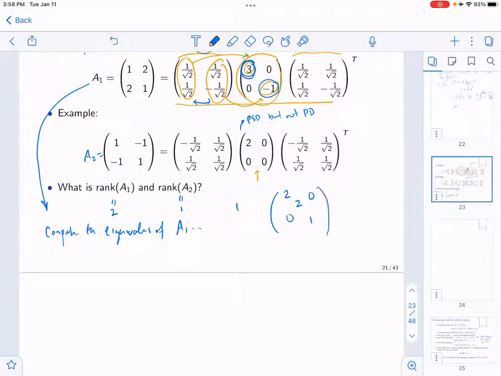If it turns out that you have a 3 by 3 matrix and the eigenvalues are 2, 2, 1, then when you try to compute the eigenvectors of 2, you get an entire 2-dimensional subspace. There's a lot of freedom in choosing these two eigenvectors, and then you can find an orthonormal basis in the subspace.